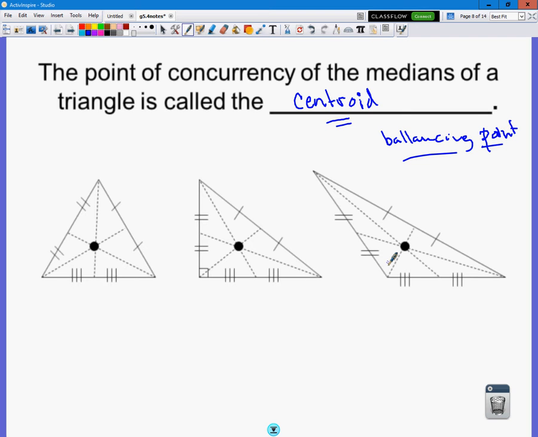If you cut a triangle out of cardstock, something that was a little stiffer than a piece of paper, and you found the point of concurrency of the medians, that triangle would balance on your pencil point. It is the balancing point of a triangle.